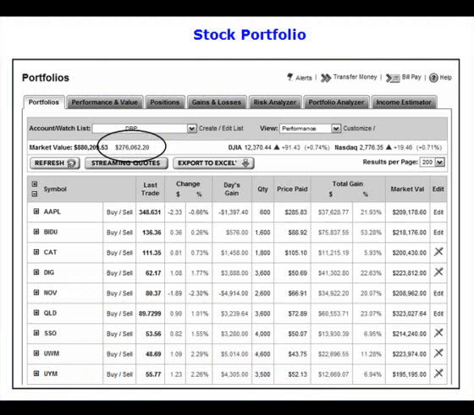Let's take a look at one of my stock portfolios. I use the 3-step high accuracy trade selection process to select the stocks in this portfolio, and this portfolio has a $276,000 open trade profit.